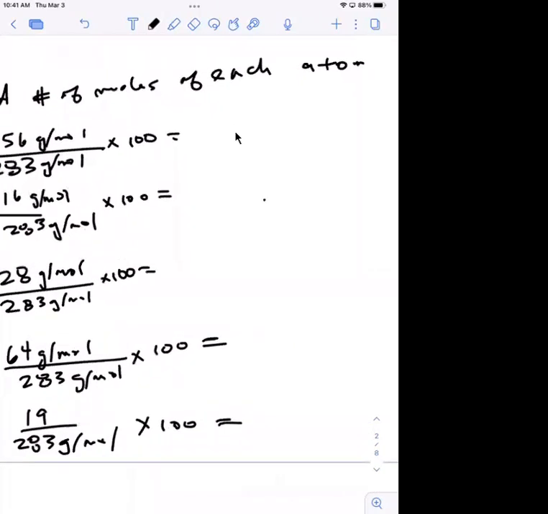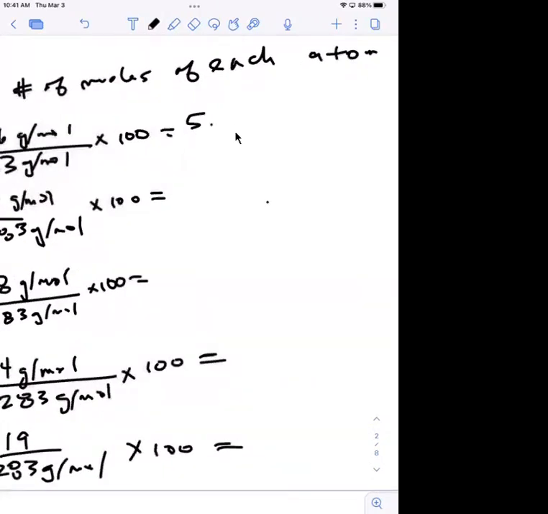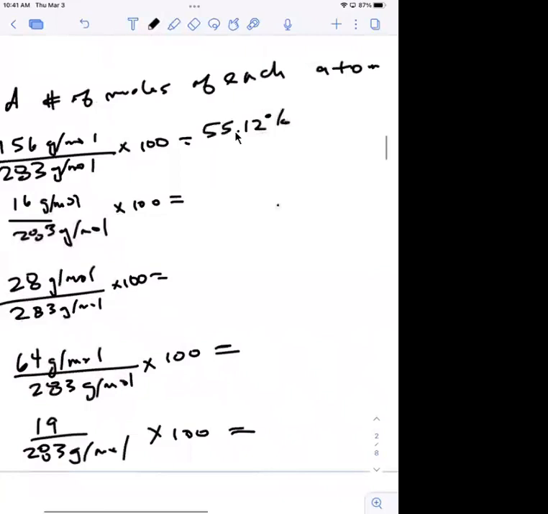I got 55.12%. All right, what about the next number? Anybody got that one? 16 divided by 283.